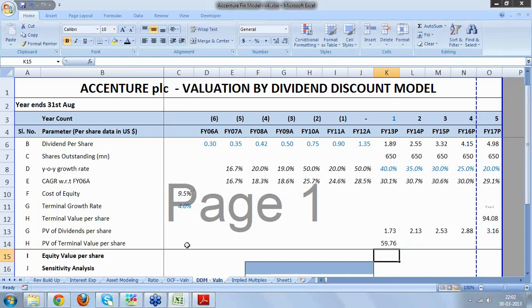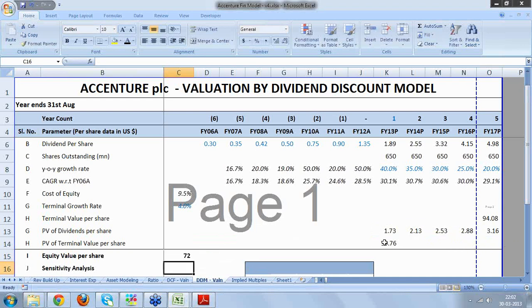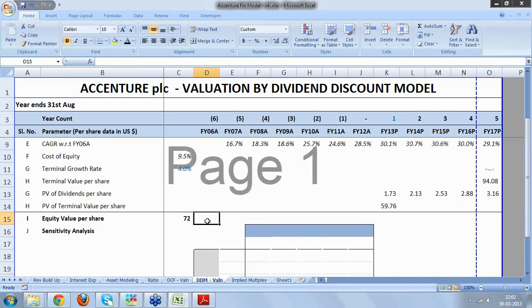Say enter. My equity value per share should be the sum of all these, comma this, enter, 72. I'll see what proportion is contributed by my terminal value. This divided by this, 83%, still on a higher side.